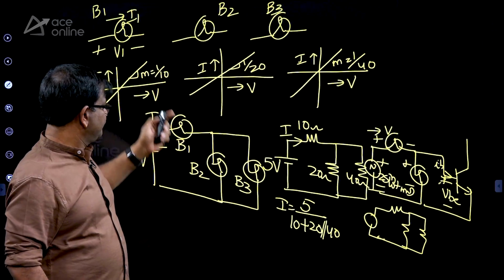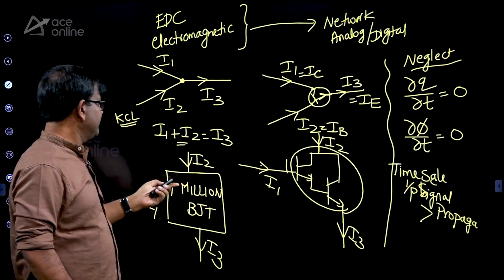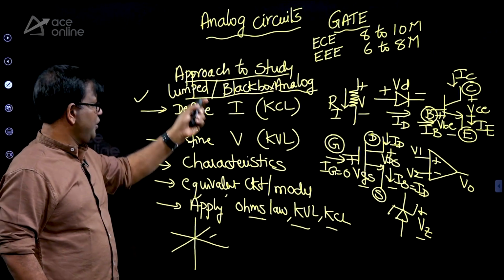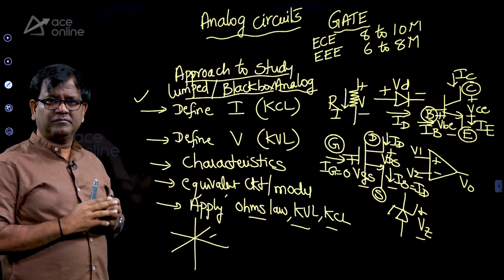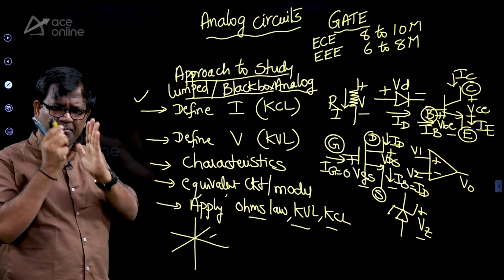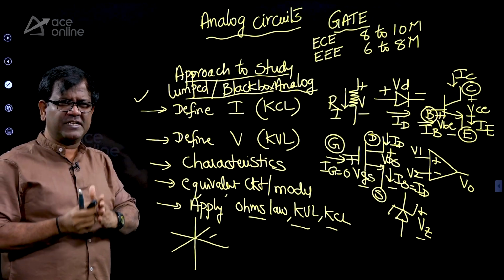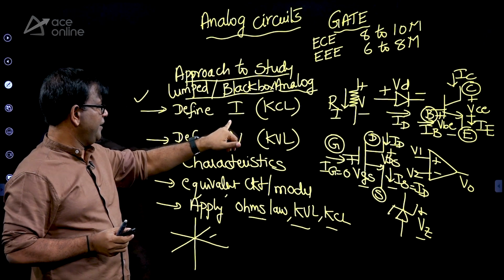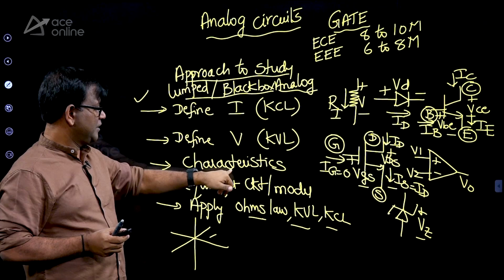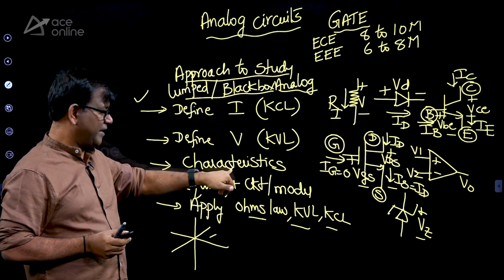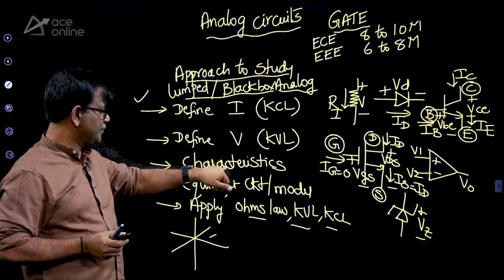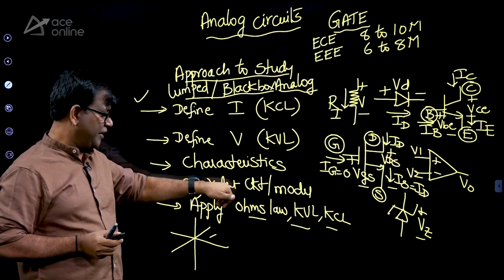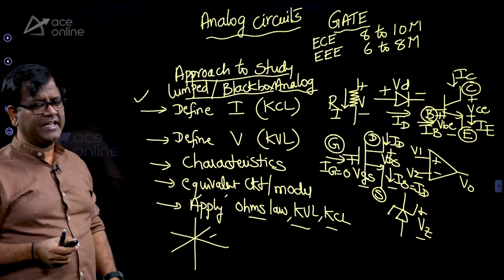So once again I am repeating, what is the approach to study analog? Don't worry much about the depletion inside, rate of charge buildup inside, doping, P material, N material, nothing. Define current, define voltage, look at the characteristics, experiment in the lab, somebody gives you this characteristic, try to have an equivalent model and apply KVL and KCL.